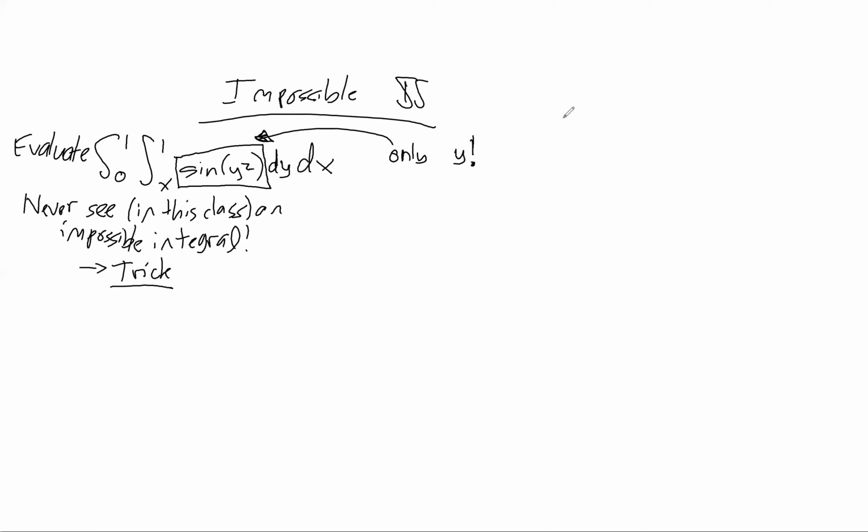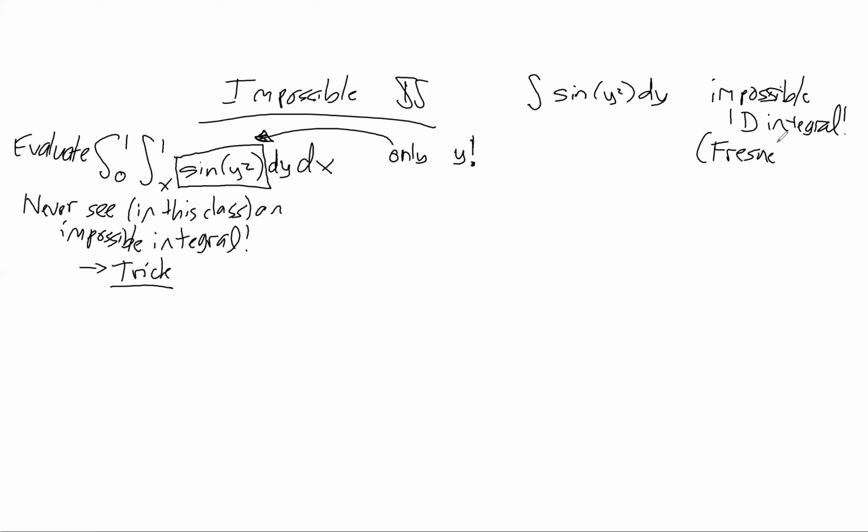First of all, let me just recall, why is this kind of an impossible integral? Why did I call it that? It's because sine of y squared dy cannot be evaluated. So this is an impossible 1D integral. If you are interested, it's called a Fresnel integral.